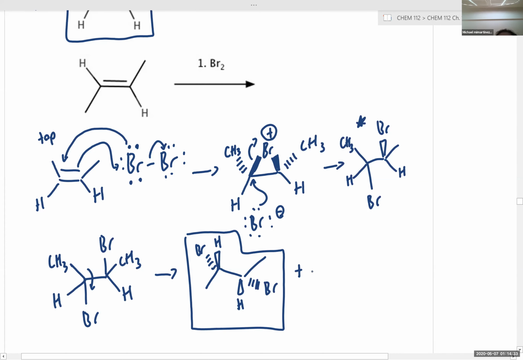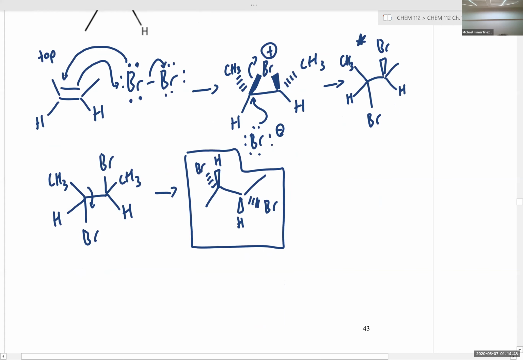We also observe the opposite enantiomer. So suppose we had generated a bromonium intermediate on the opposite face.